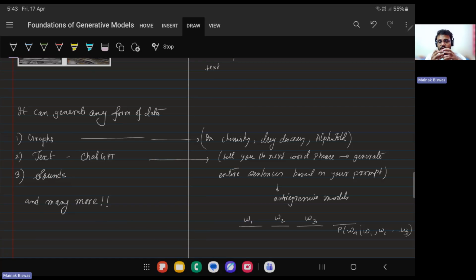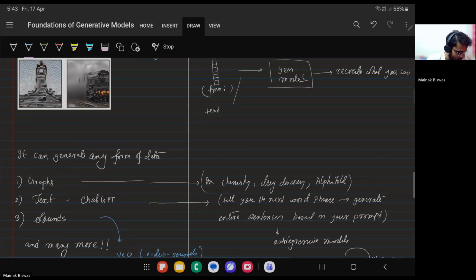It'll break this up into probabilities. It will create word 4, and then it will create word 5, and so on. This is how ChatGPT actually works. We'll see all of these in detail, but yeah, it can create sounds. You can see Veo, it just creates video plus sounds. It's phenomenal what these models can do. And they all sound like humans talking.